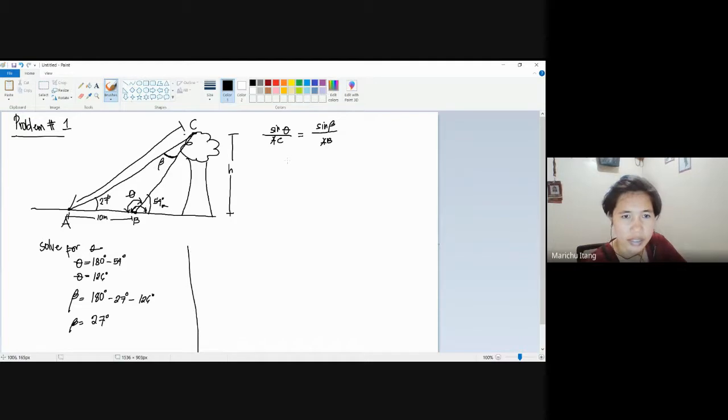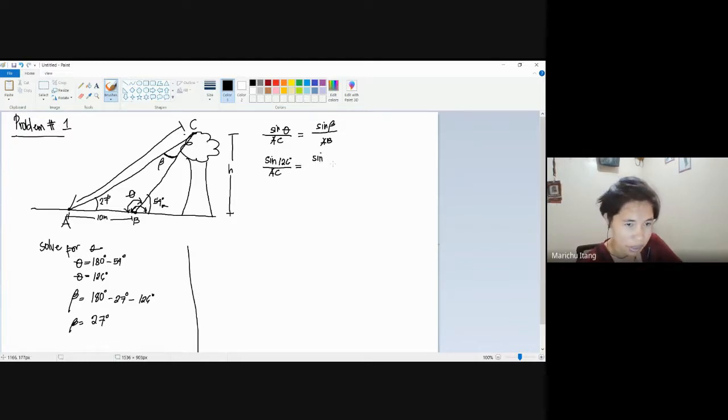So what is sine theta? Since theta is 126 degrees over AC, we don't know AC yet, so that is what we're going to solve for. Then sine beta.